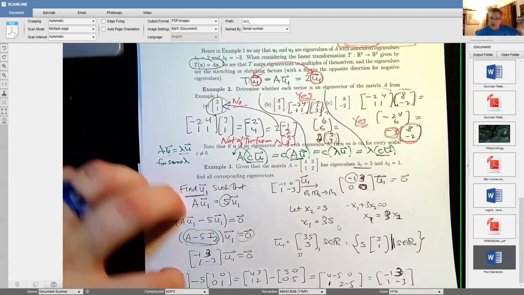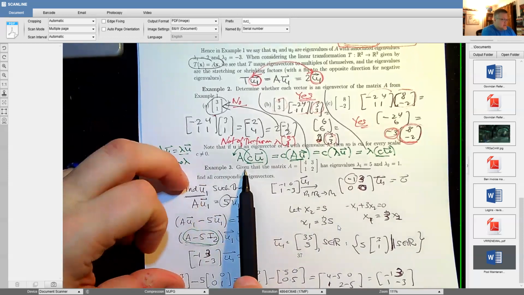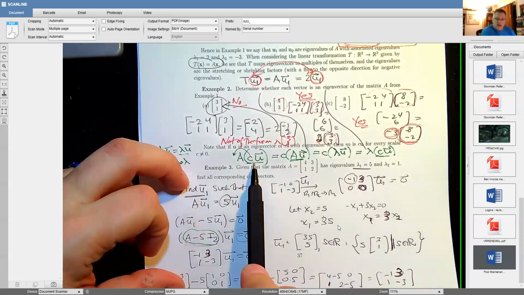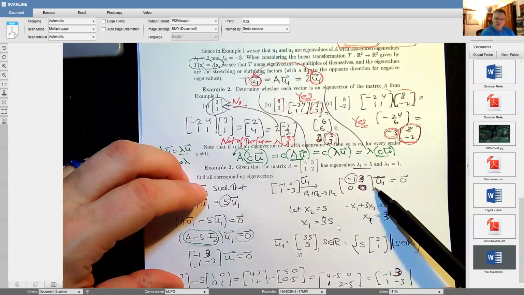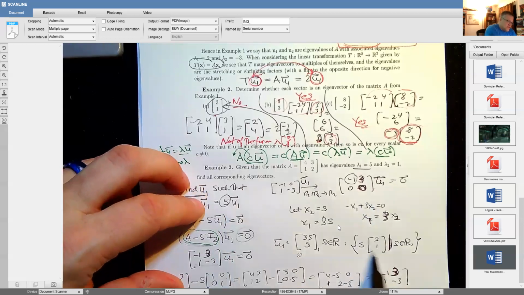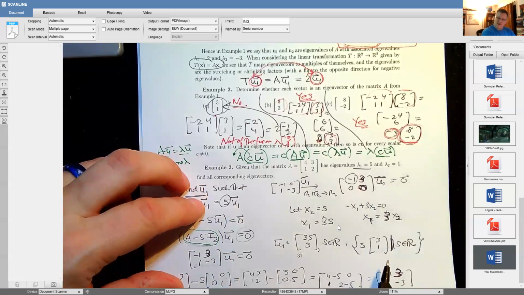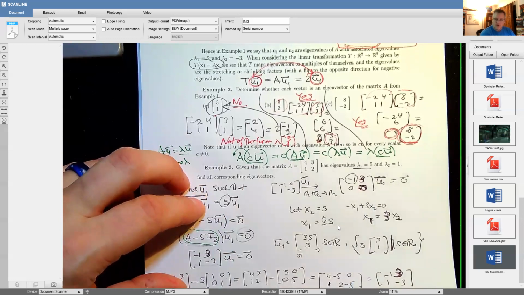It makes sense that we're getting a scalar multiple times these guys because we just said a scalar multiple of an eigenvector is an eigenvector, right? And so if you were to get a unique solution here, that would contradict that. And so the fact that we got (3,1) is our basic eigenvector, and we can multiply it by any scalar you want to get them all, right?